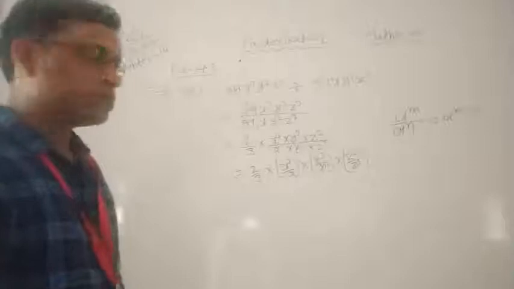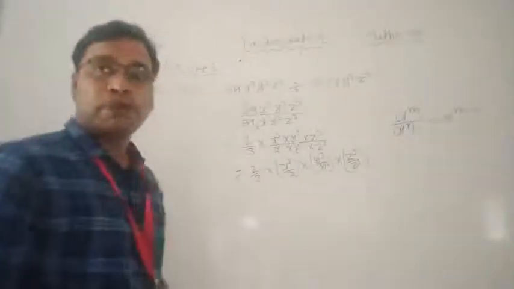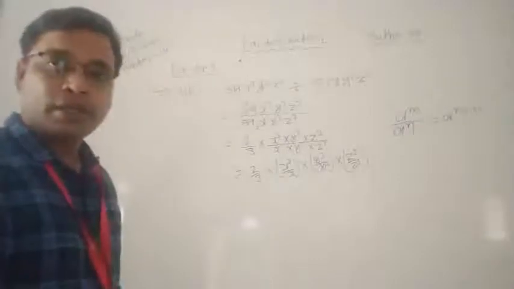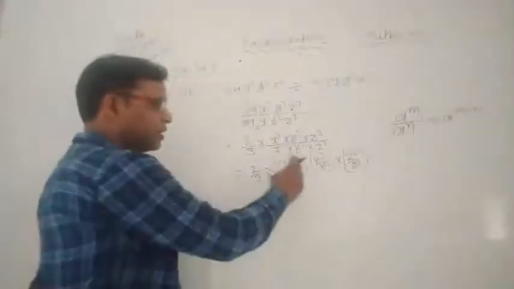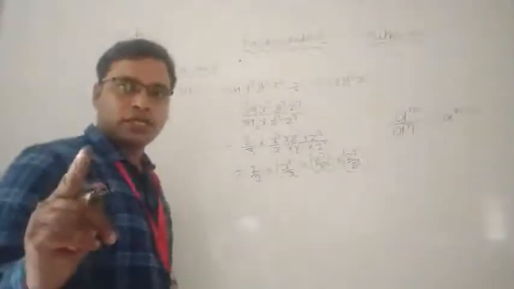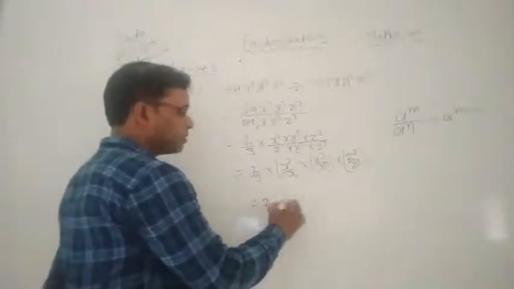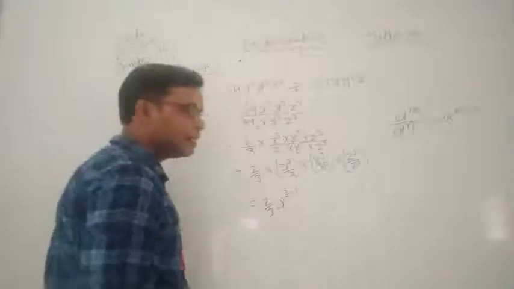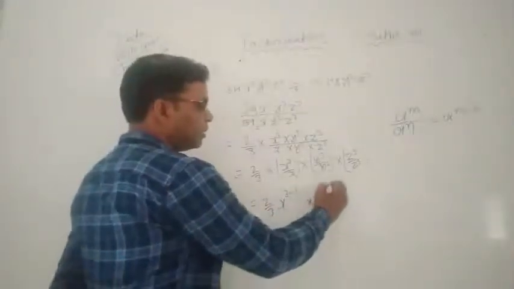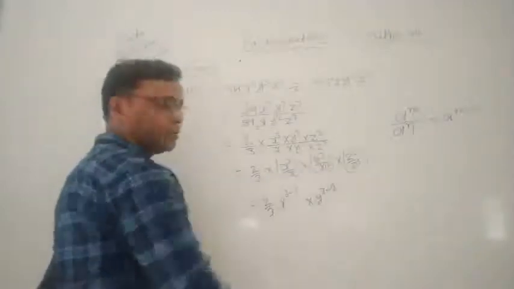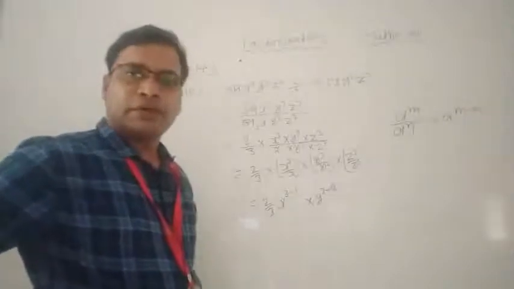Okay, so here you can see bases are the same, and in the case of division, their powers will be subtracted. Here x power 3 and x power nothing, so you can say x power 1, then you can write it 2 by 3 x power 3 minus 1. Clear? And here in this case into y power 3 minus 2, because bases are the same, and in the case of division we can subtract their powers.